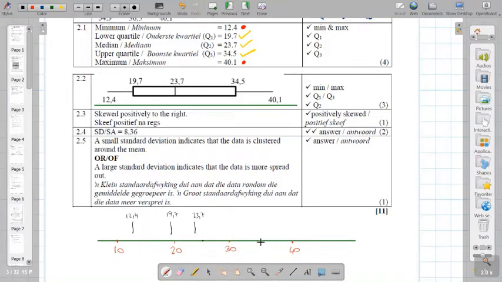Then we have 34.5, almost in the middle of 30 and 40. And finally 40.01, almost 40. When you draw this, it gives you a much clearer idea. So we can draw our whisker, and then there will be the box.